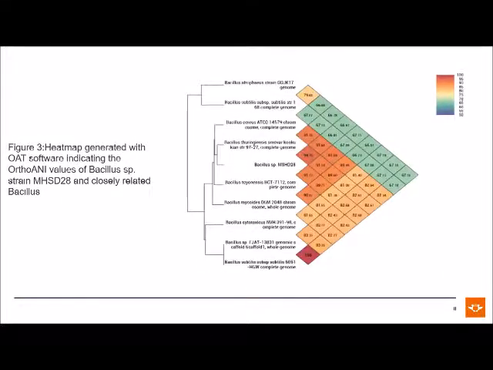And the strain MHSD28 was further phylogenomically classified using the OAT software, which indicated that this strain has an orthoANI value below 95 to 96 with the closely related species. And this phylogenomic classification distinguishes MHSD28 from its closely related neighbors and represents a prospective novel species of Bacillus.